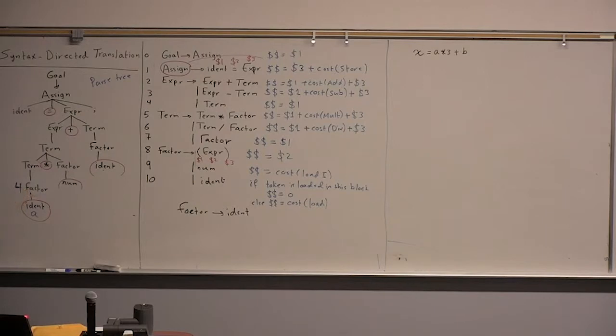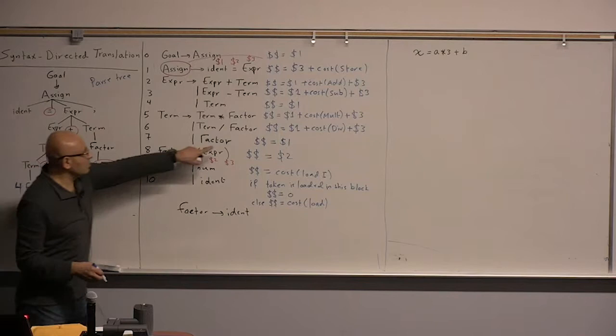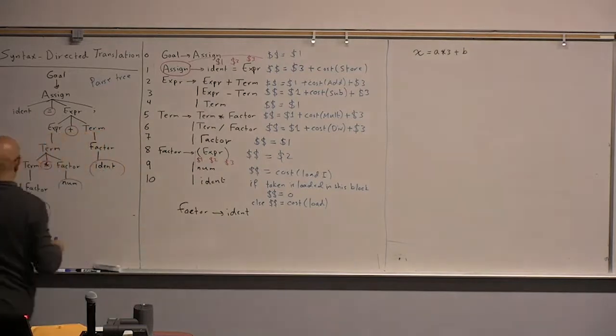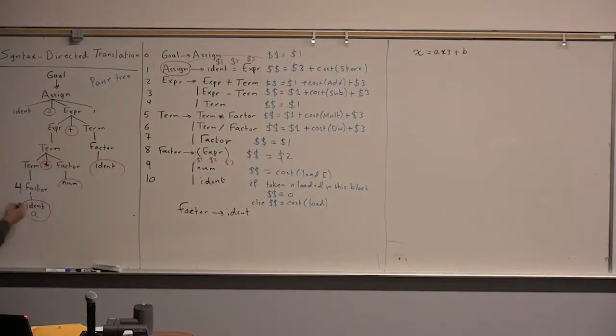Then we will do a reduction from factor to term. When we reduce factor to term, we are just passing the 4 up. So this 4, which is the cost of a load, is going to get passed up. So the cost of this node, the term, is 4.